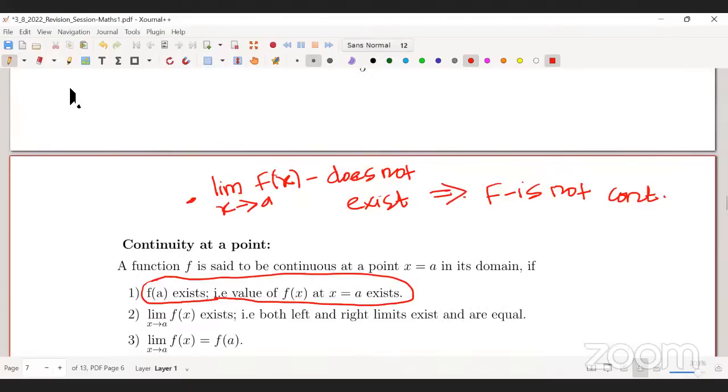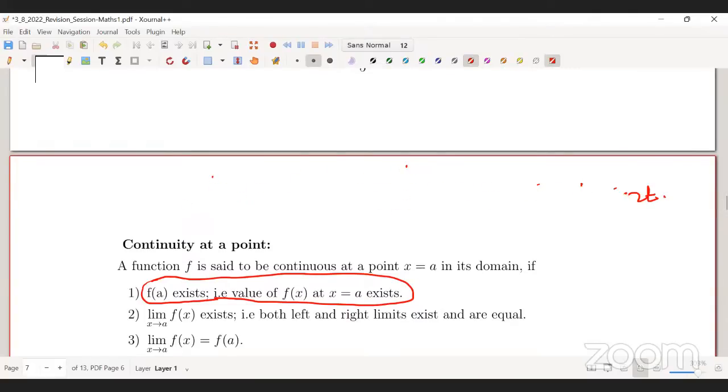You should not check the limit first. This is the next process.